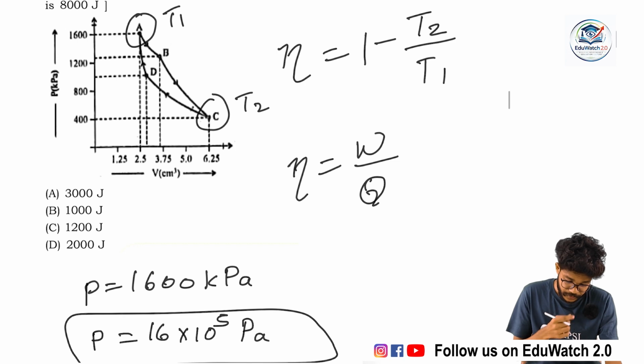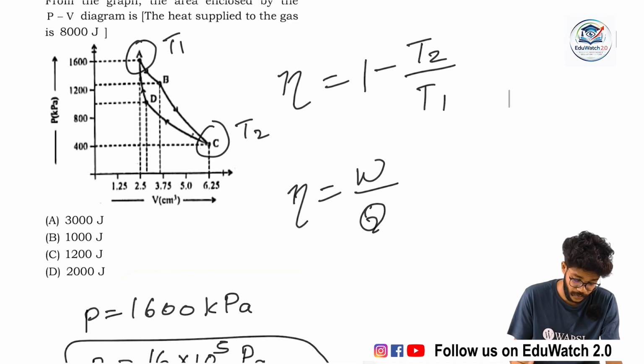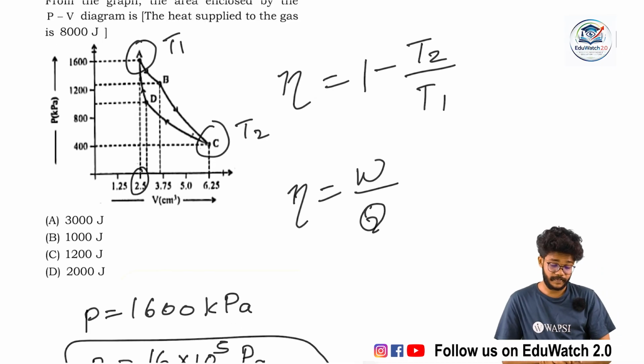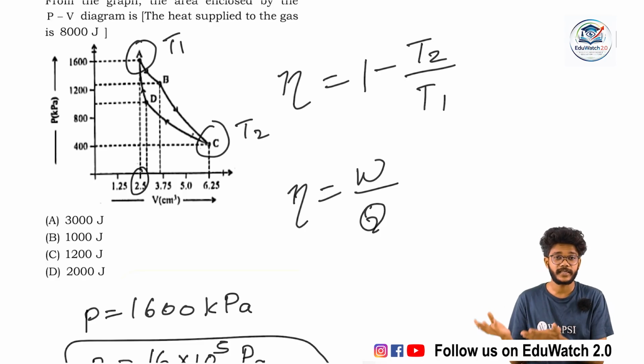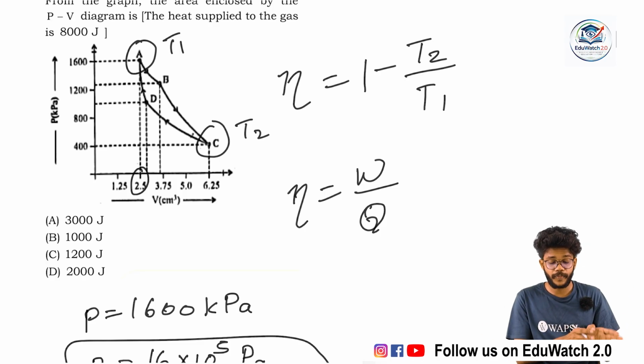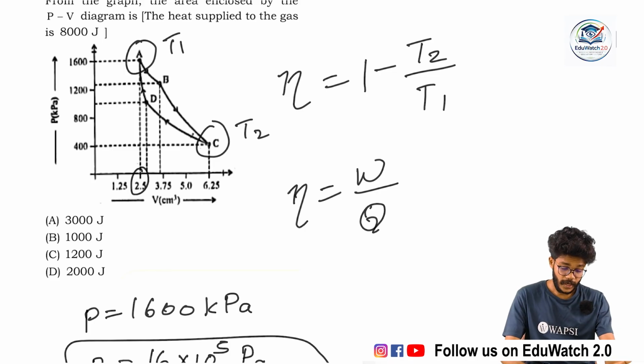And what is the volume at that pressure? 2.5. Yes, this is 2.5. But the unit is centimeter cube. The standard unit of volume is meter cube. So we need to change 2.5 centimeter cube to meter cube.